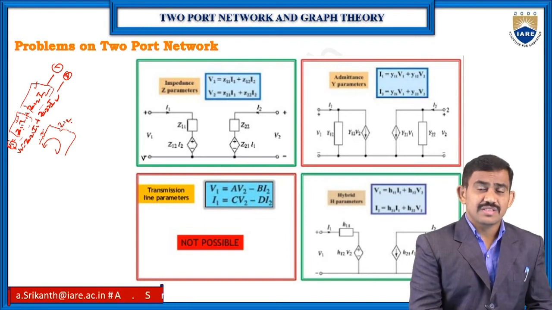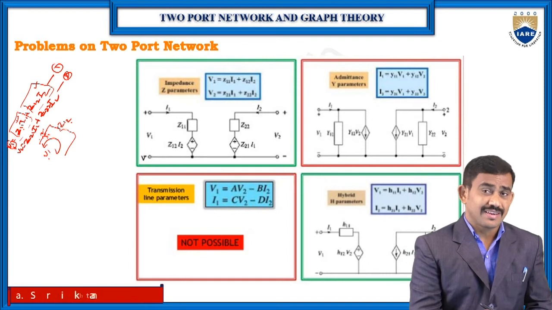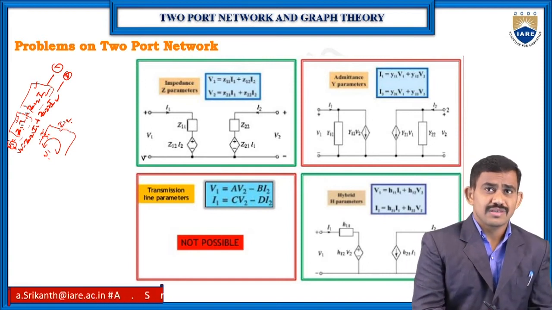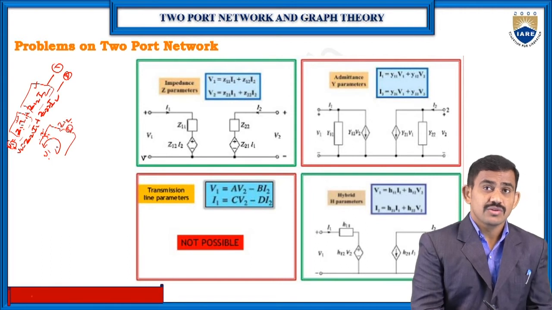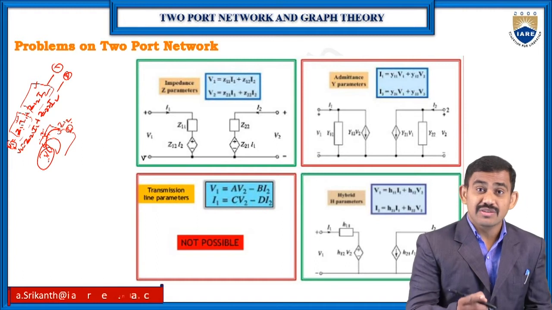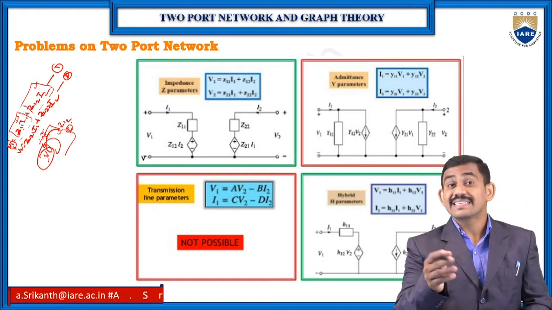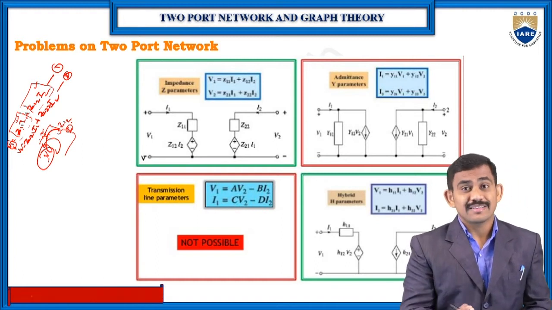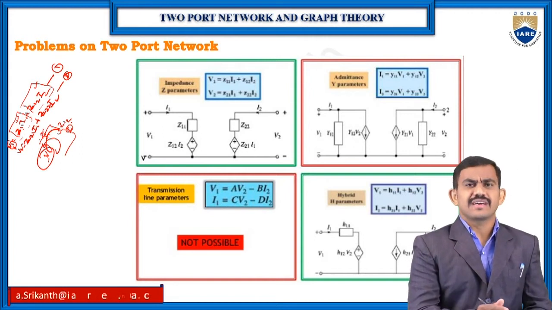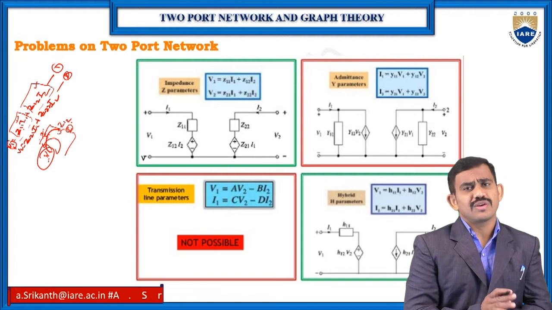For Z11, which current do we have? Only the I1 current. So here primary means V1 voltage, I1 current. It's okay for us. Coming to Z12 we have the I2 current. So the voltage here is depending upon the I2 current, which is a different loop current. For Z11 we have the I1 current, so we have the same loop, same voltage, no problem.